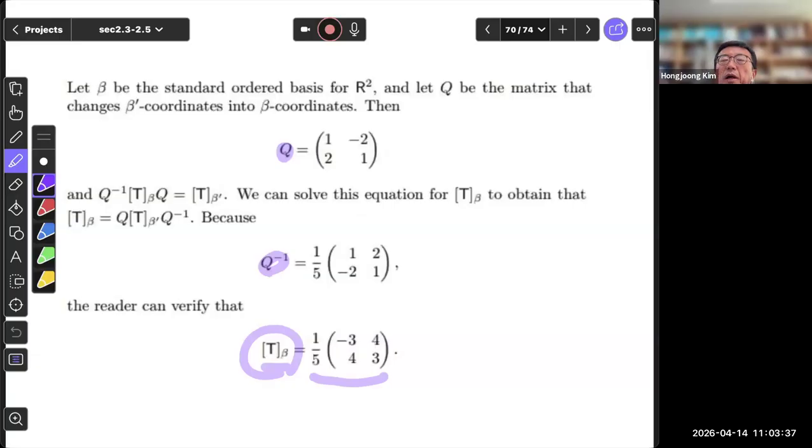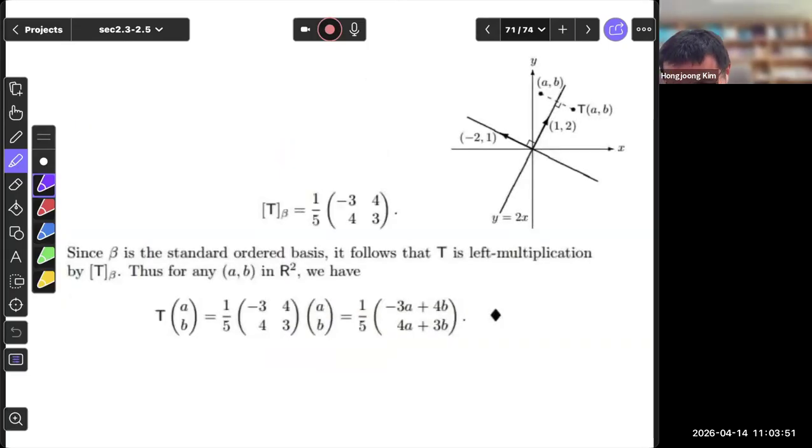I mean, the matrix representing this linear transformation with respect to even the standard basis or any basis. So given this product of three matrices, if I give you any point on the plane, all you need to do is multiply the matrix, and that is the coordinate of the image vector, which means that is the coordinate of the reflection of any arbitrary (a, b) vector.